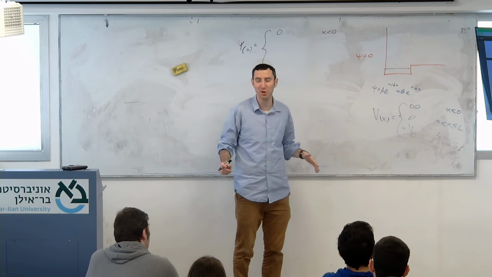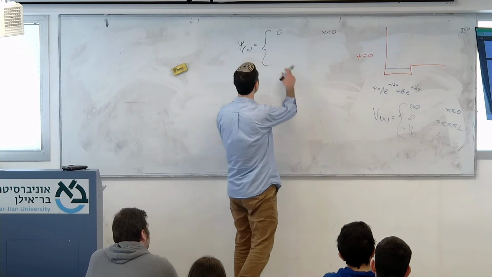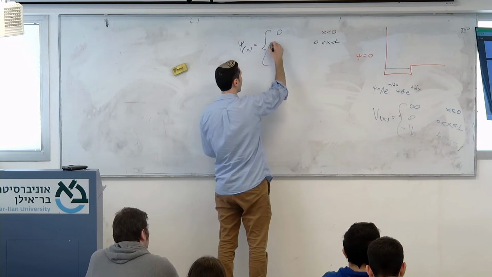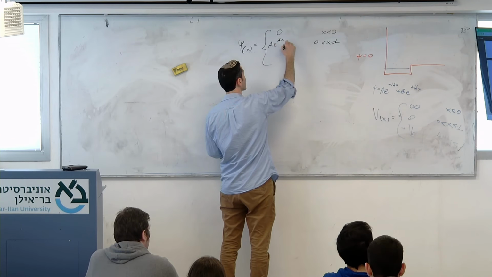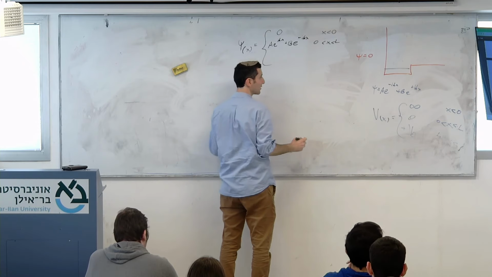However, you all seem pretty comfortable with these concepts, so I'm allowing myself to spend more time on other things. Here, where x is between 0 and L, I would have A e to the ikx plus B e to the minus ikx.